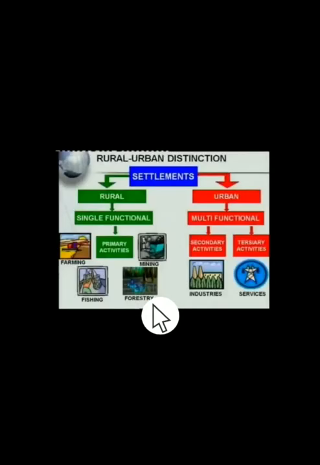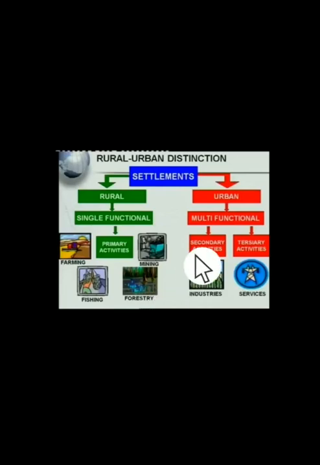Next, we have the rural and the urban distinction, that is, what is the difference between rural and urban. Rural, I told you, is basically single function, that is they have only one function, and the main occupation that they have is basically the primary activities, that is related with farming, fishing, forestry and mining.